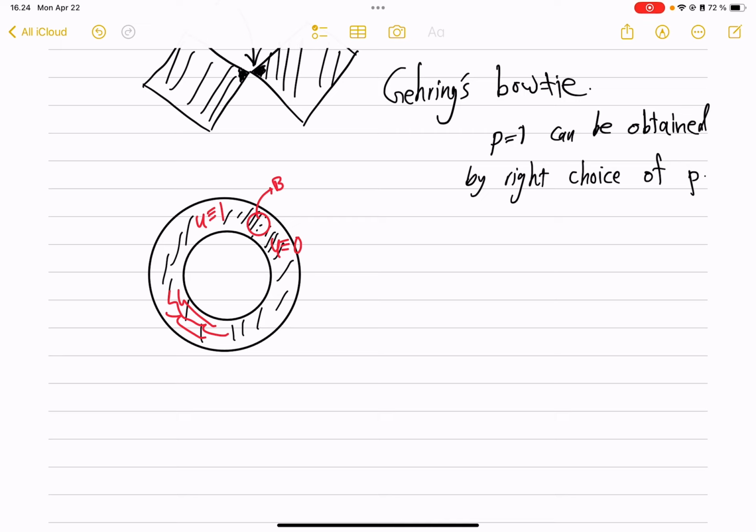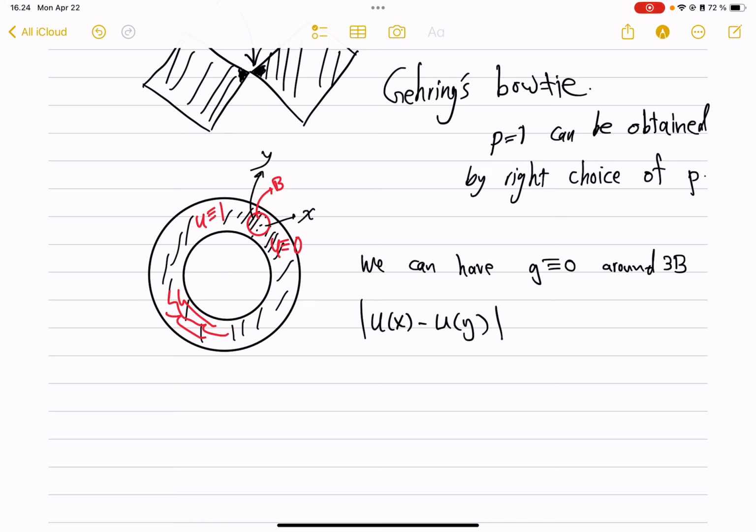because, I mean, the upper gradient, we can have constant 0 even around the 3 times larger ball, because if you want to test u(x) minus u(y), where x and y are on opposite sides of this ball, we see that there are no paths going in the short direction.